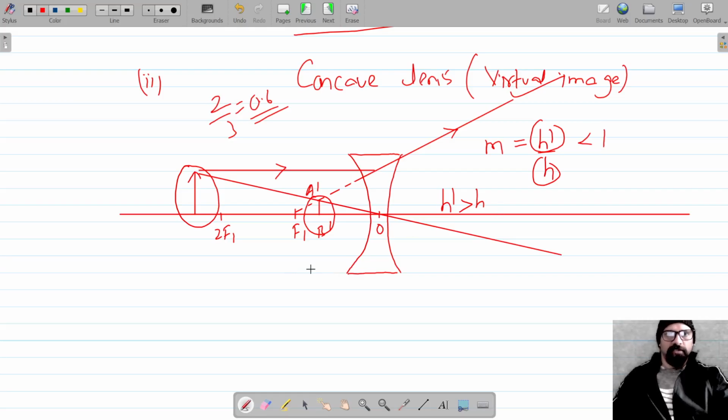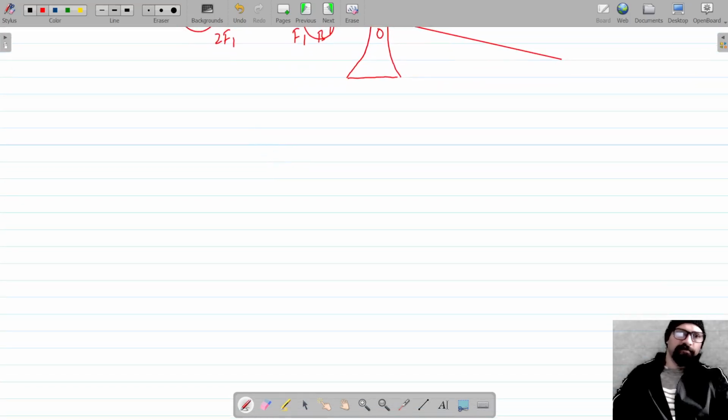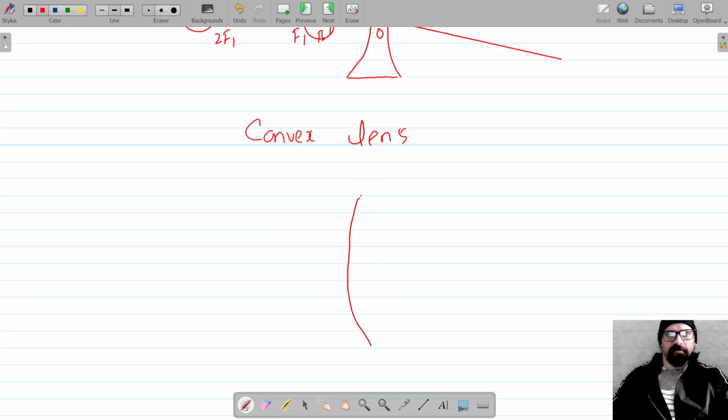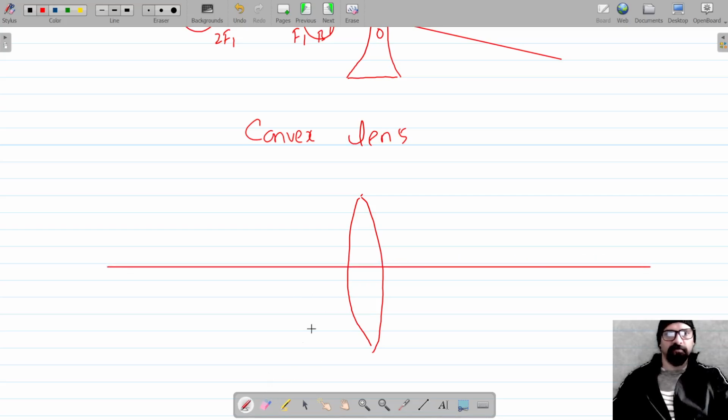Okay, now let's check the case for the convex lens. Let's say this is a convex lens. This is the principal axis, and the first principal focus, second principal focus.